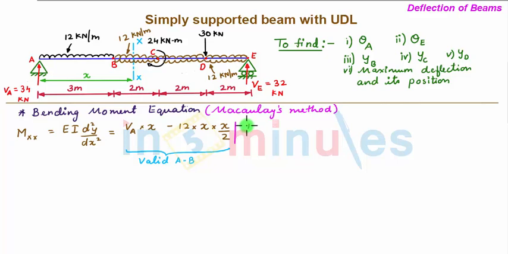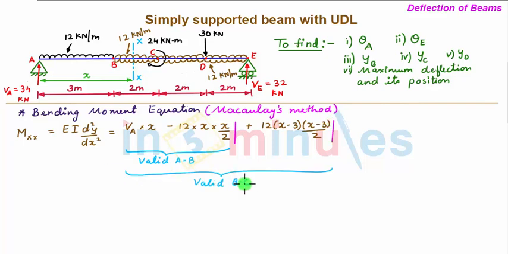So we have plus 12 into x minus 3 into x minus 3 by 2. Now we see that this much part of the equation is valid between point B and C. So let's put this equation into another partition which is valid between point B and C.